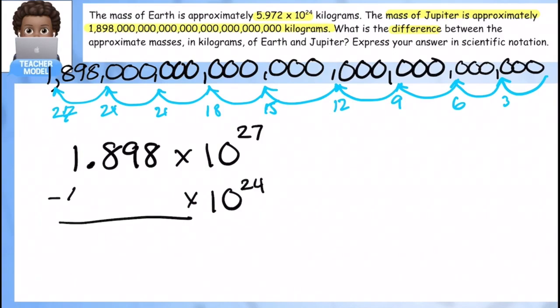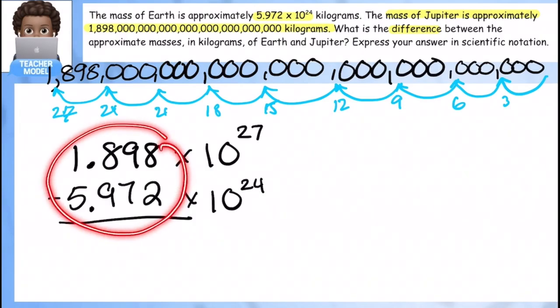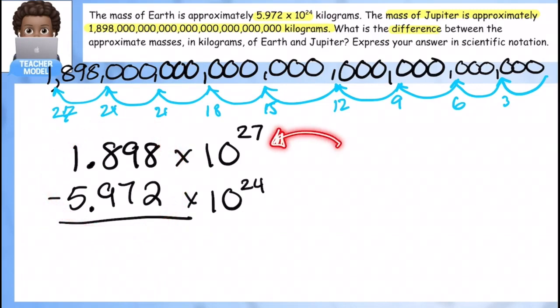So we're going to subtract 5.972 times 10 to the 24th. Visually, if your eye is looking this way and going, I can't subtract these, remember, these sizes matter for adding and subtracting. So we need to make a change. We need to make sure they are the same size. So we're going to turn this second number to times 10 to the 27th.